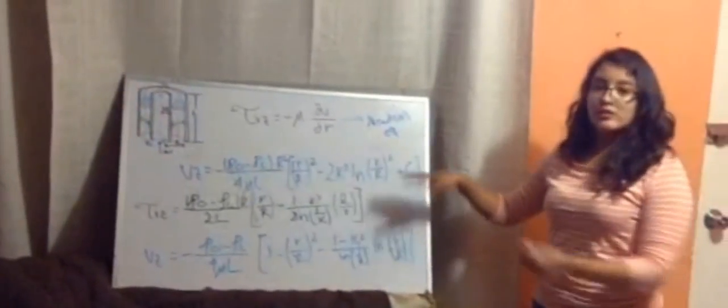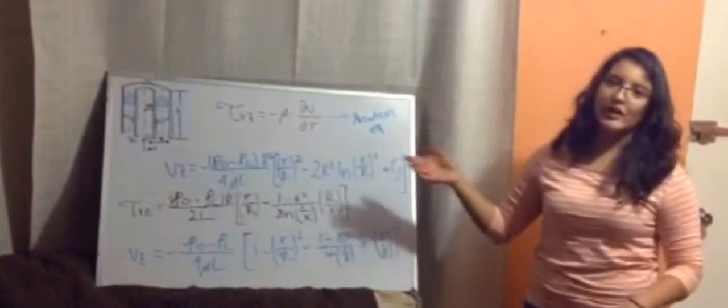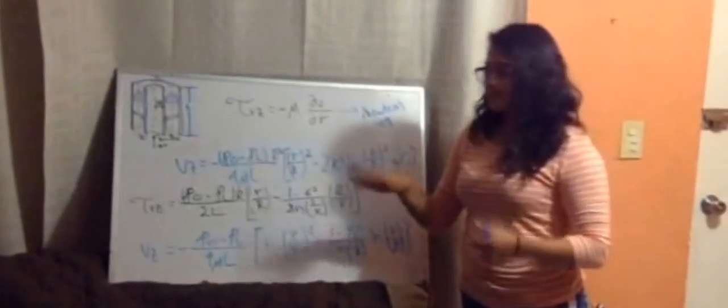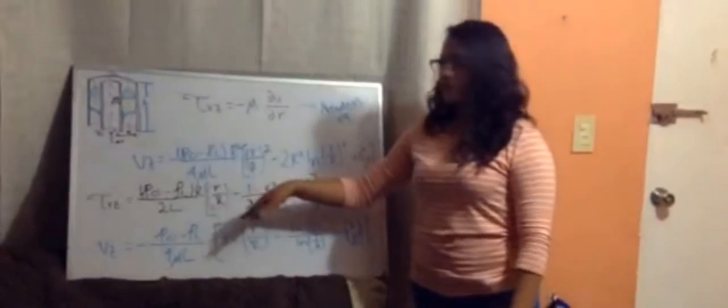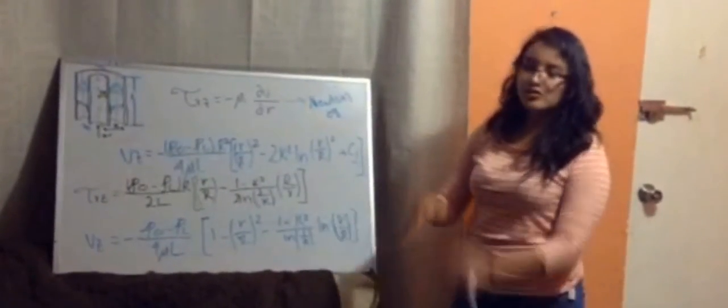Now we solve this equation for C2, and after making all the process, we have that the stress is finally the difference between P0 minus PL times R divided by 2L times the difference of r divided by R minus 1 minus K squared divided by 2 logarithm of 1 divided by K, times R divided by r. So this is our stress in our system.